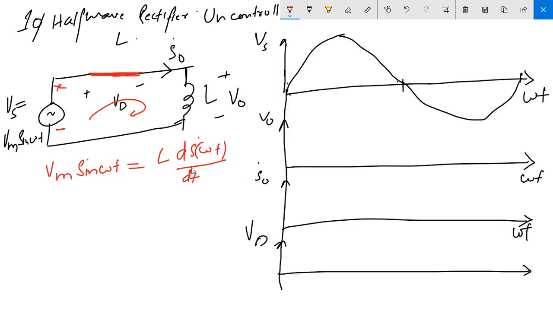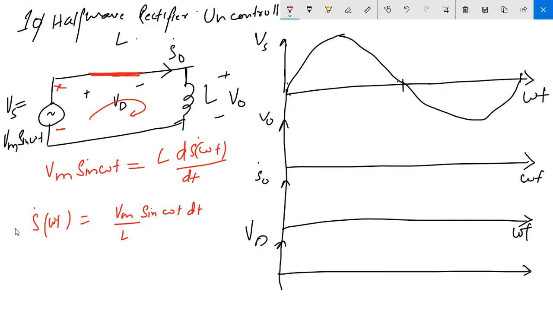Vm is the voltage of the sinusoidal source. So if you now find I of omega t, that will be equal to Vm sine omega t dt, and L will be divided here.